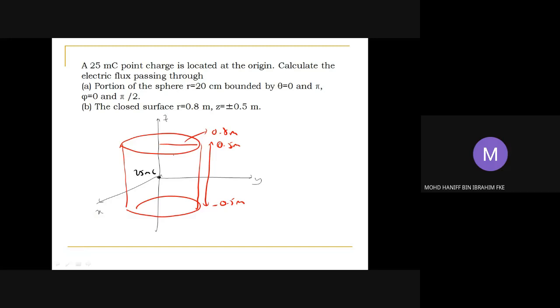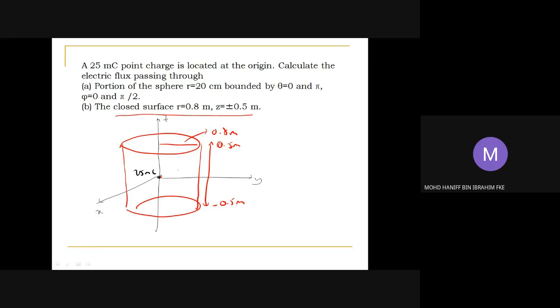The question is, what should be the amount of flux passing through this particular closed surface? In this case, we can see that your charge of 25 millicoulomb is fully contained by this particular surface. It can be said that this point charge of 25 millicoulomb is confined by this closed surface.